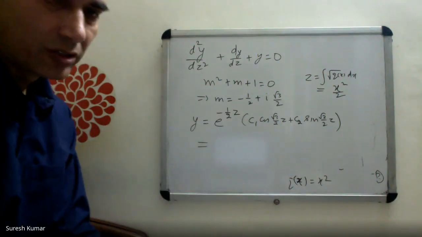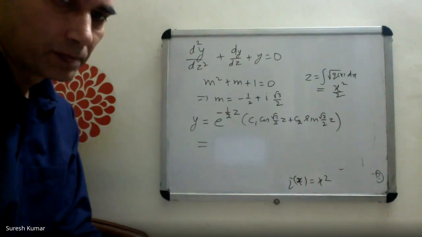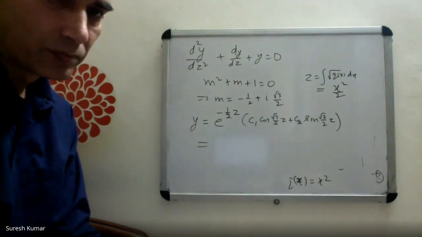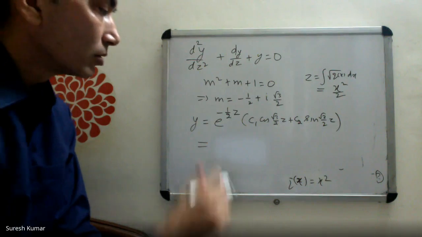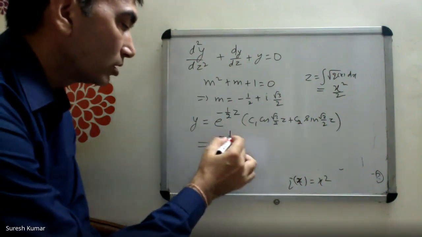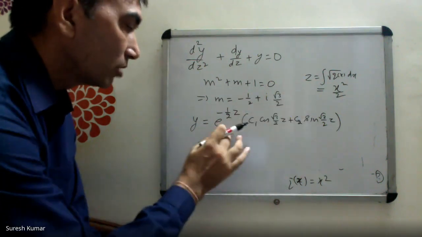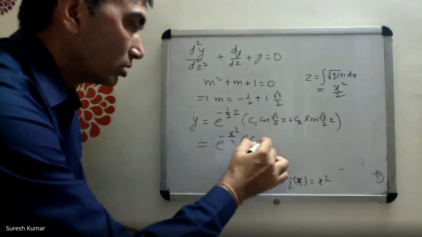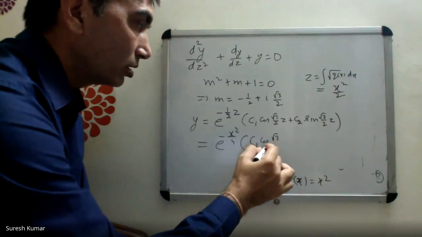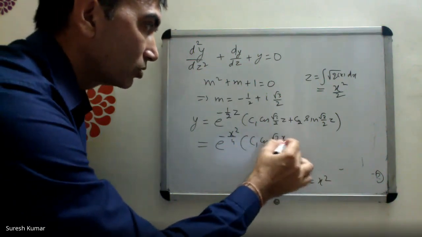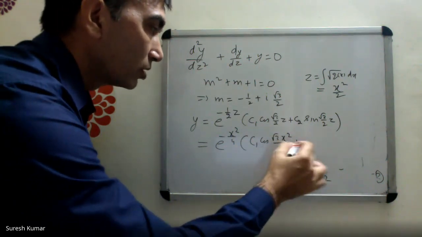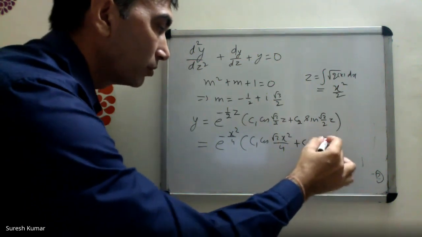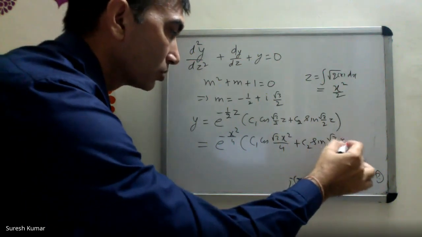You have the final answer. So final answer should be minus half and x square by 2. If you substitute, you get x square by 4, C1 cos (root 3 x square by 4) plus C2 sine (root 3 x square by 4).